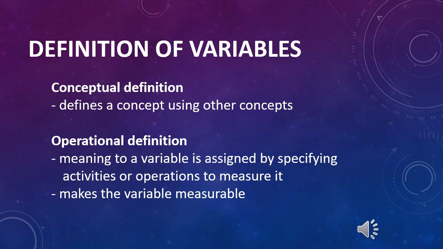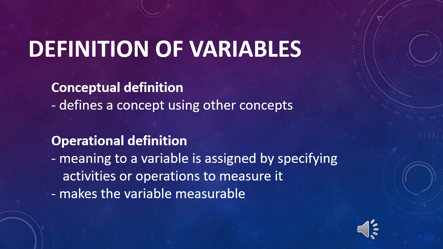In a study, variables have to be defined as they are used in that study in order to clarify how they are measured. So a conceptual definition uses other concepts to define your variable. For example, maternal health services may be conceptually defined as services given at the health center focused on pregnant females.